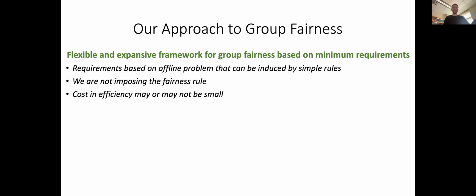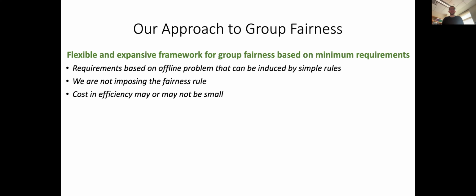And the reason I say at least is because it's a minimum. Those requirements should be based on an offline problem that should be feasible, but they can be induced by simple rules.